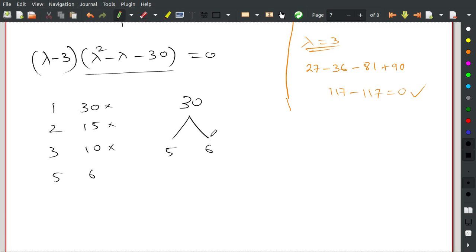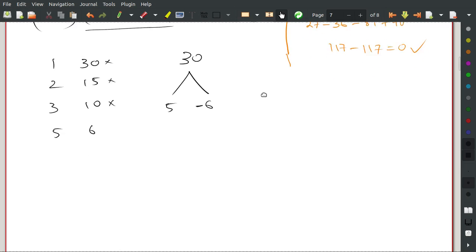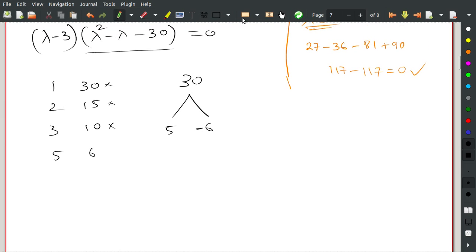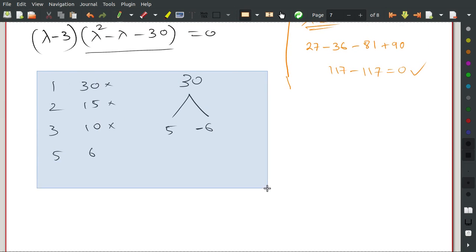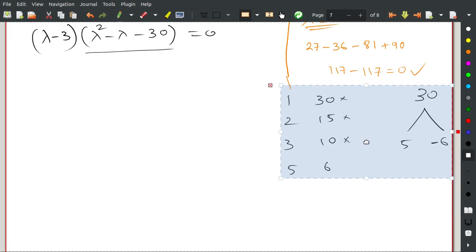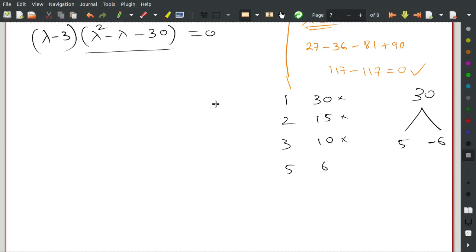We put the sign deciding authority, this sign, to the greatest value. So if we sum this up, we have minus 1. So what's our factor?